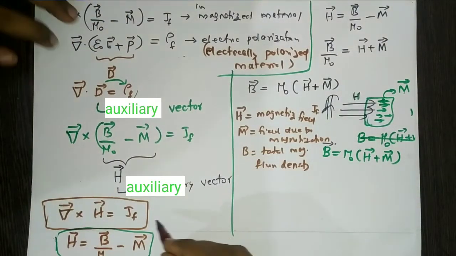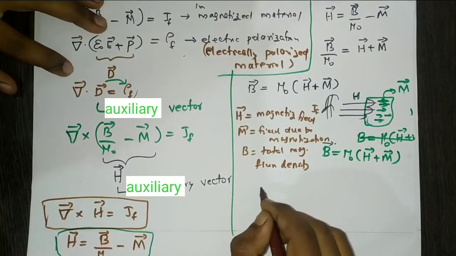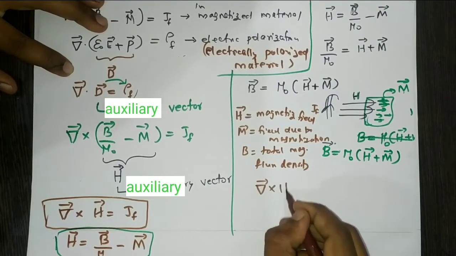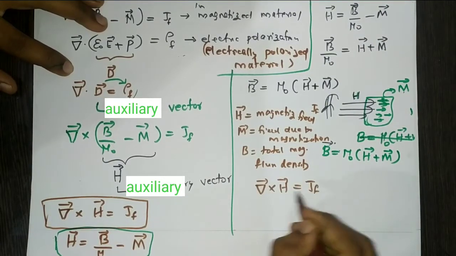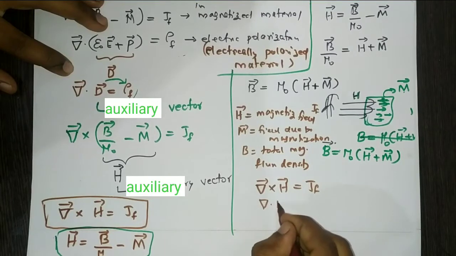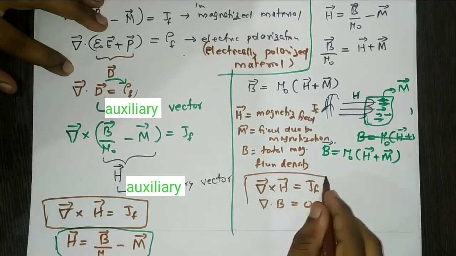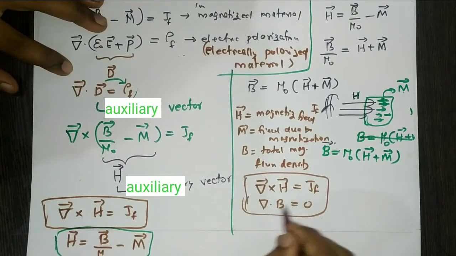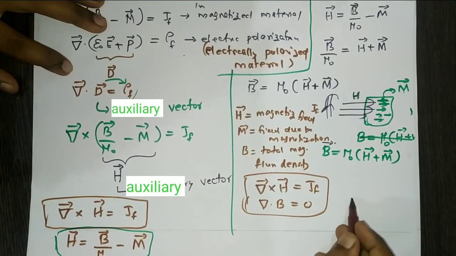Therefore, for a magnetized material, we have these expressions: del cross H is equal to JF, and also del dot B will be 0. This is for a magnetized material.